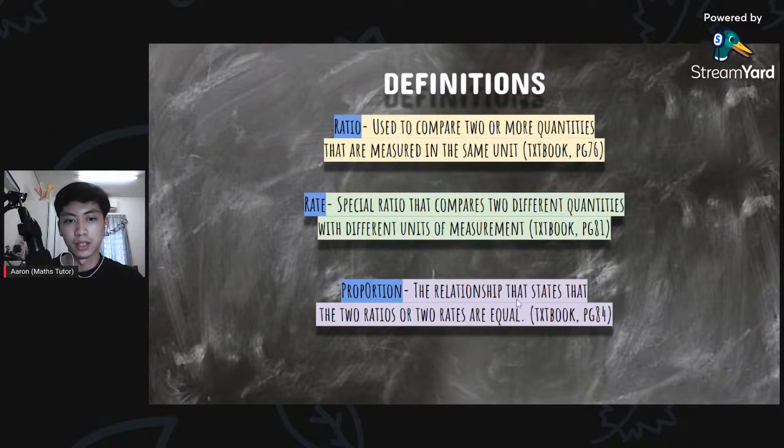That means two ratios that are equal. Maybe not directly equal, it can be a multiple of it, like times 3, times 4, which has the same meaning. So this is proportion.